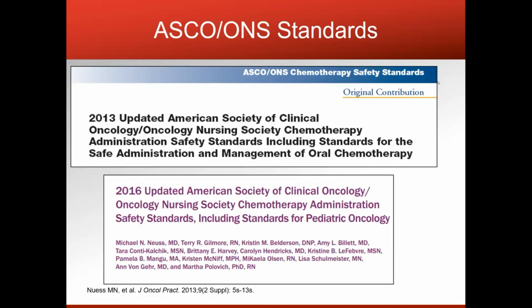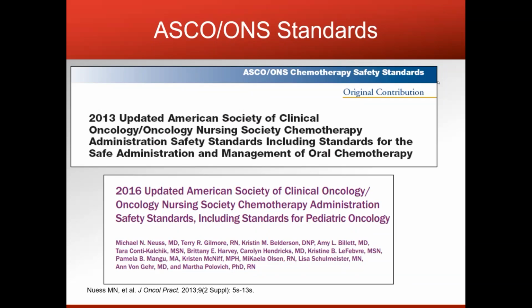Really where we've drawn from with a lot of these processes has been, like I aforementioned, ASCO and ONS, which ultimately flows into COPI, their quality initiative. Every 3 to 4 years, they put safety standards out, which was novel in 2013 because that was the first time those safety standards included specific recommendations for oral chemotherapy.